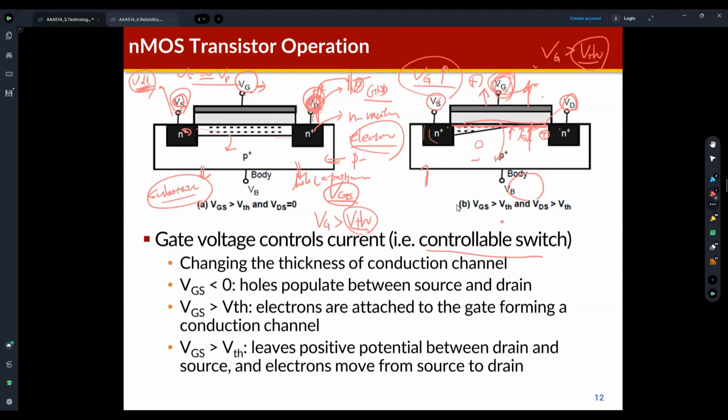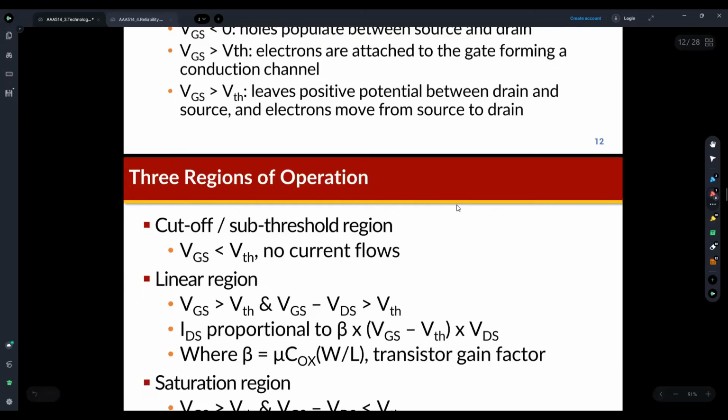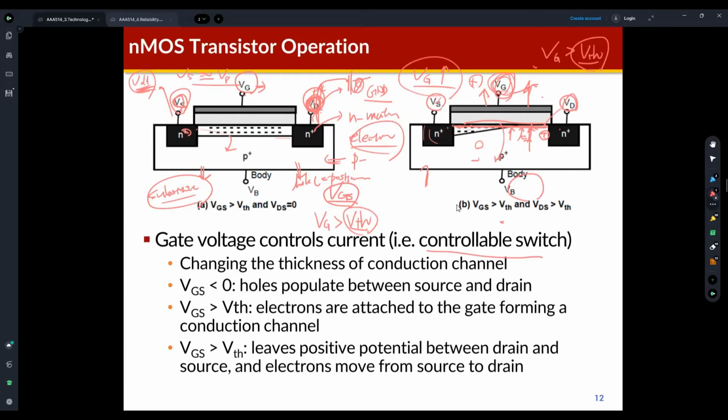Okay. So this is the basic operation of the MOS transistor.